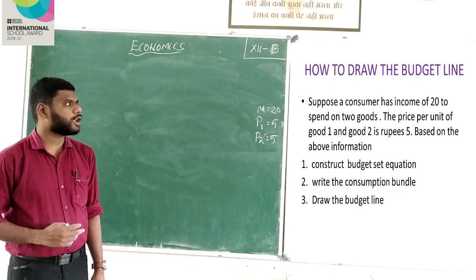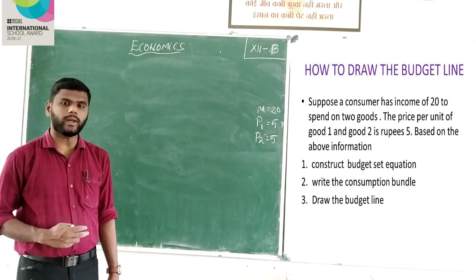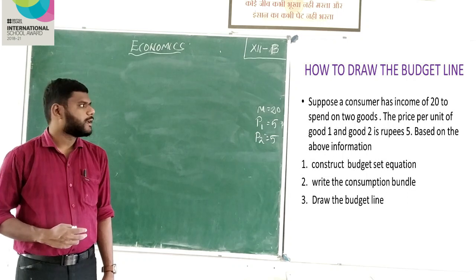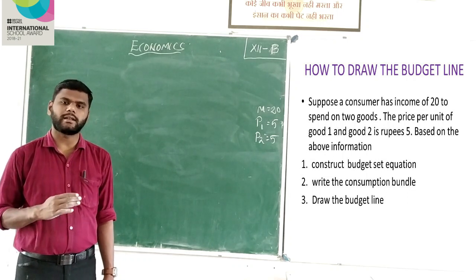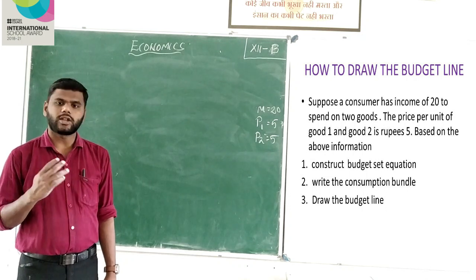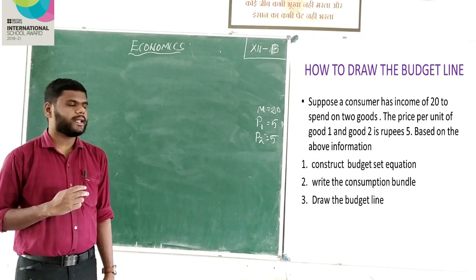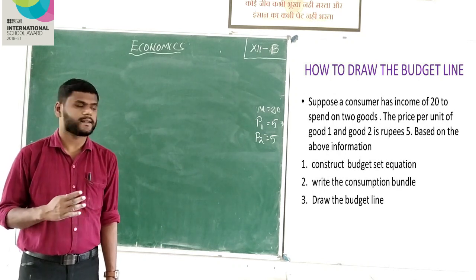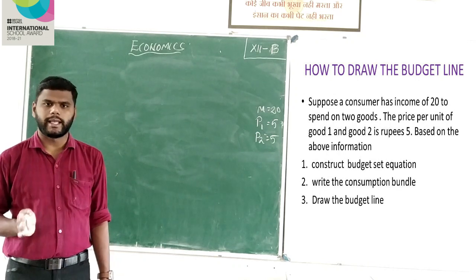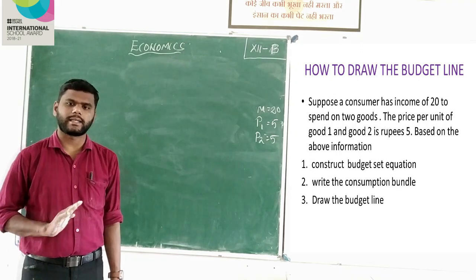The price per unit of good 1 and good 2 is rupees 5. The first question is to construct the budget set equation. Second, write the consumption bundle. Till this we discussed in the last class. Third, draw the budget line.